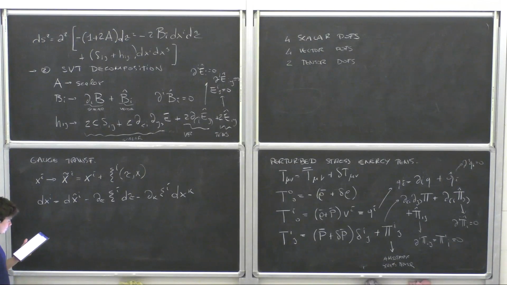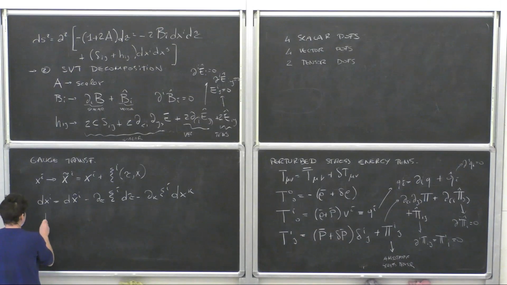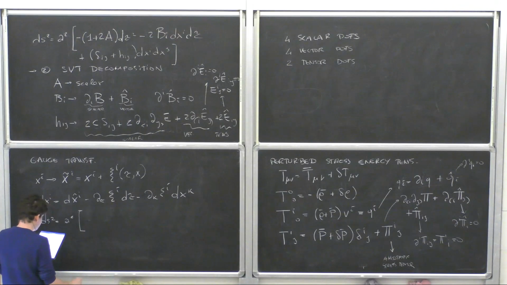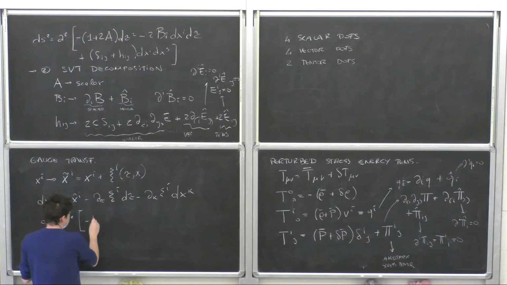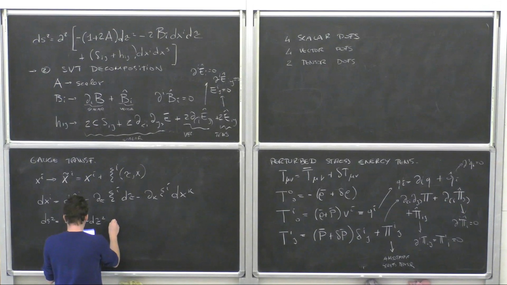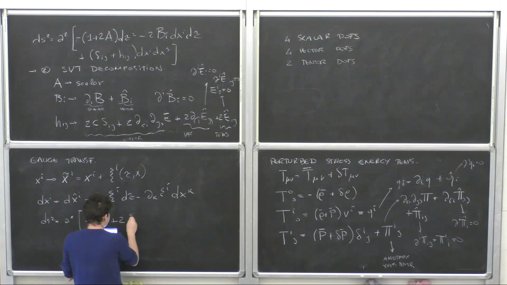Now let's do this coordinate transformation on the unperturbed metric. So we start with FRW and we do this coordinate transformation. What happens to the metric? Well, we have our usual a squared. Then we haven't changed time, right? So we get our usual d tau squared. But then I start having these guys here, right? So I have plus 2 d tau.